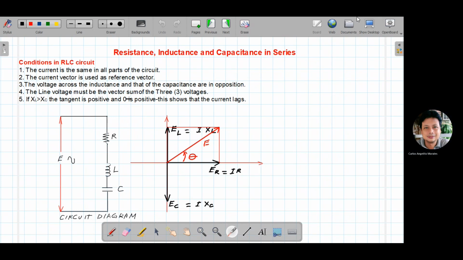Teka lang ha. Wala kasing Greek letter dito eh. Sandali lang.